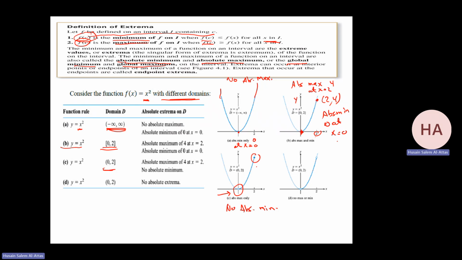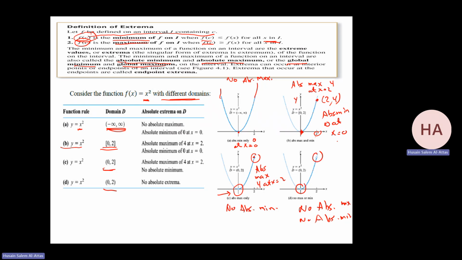Absolute maximum, yes, we have an absolute maximum, which is 4 at x equals 2, since this is closed. The last one, I have open interval 0 and 2. Here, no absolute maximum, no absolute minimum. So this is open and this is open.